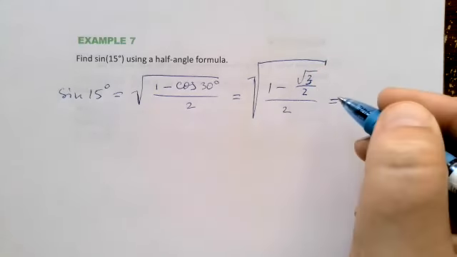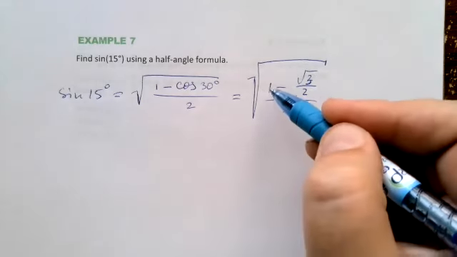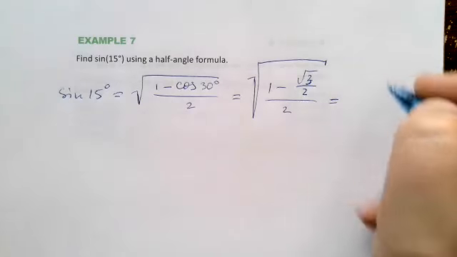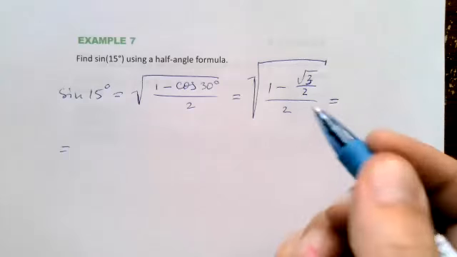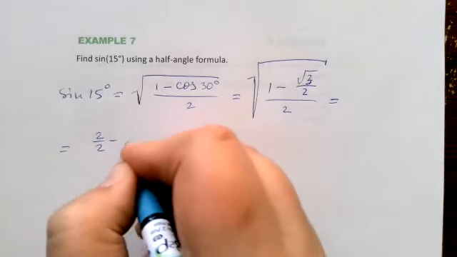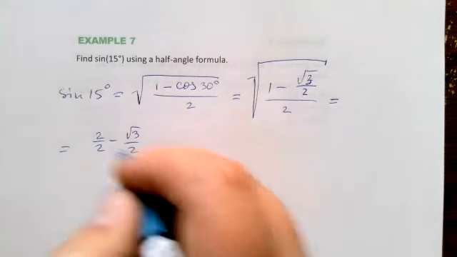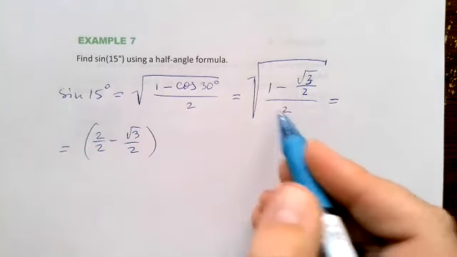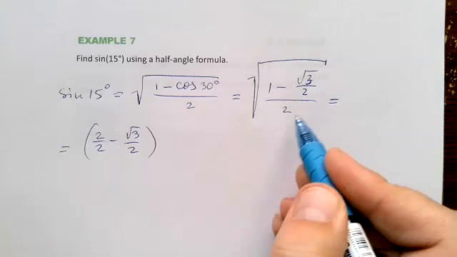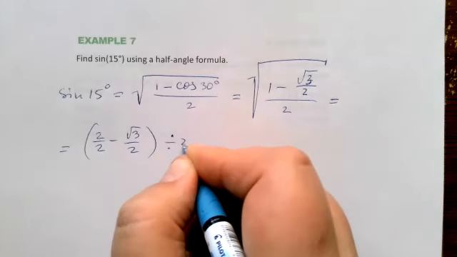Now we need to simplify this expression. I'm going to turn 1 into 2 over 2, minus root of 3 over 2. And instead of drawing a fraction bar to divide by 2, I'm actually going to write it out.